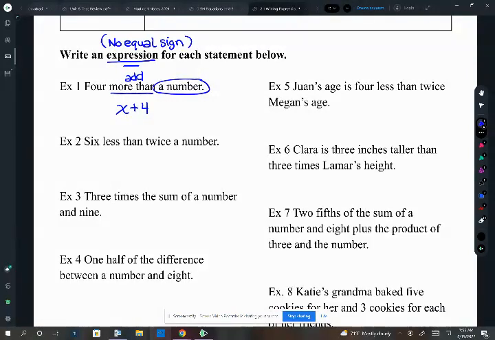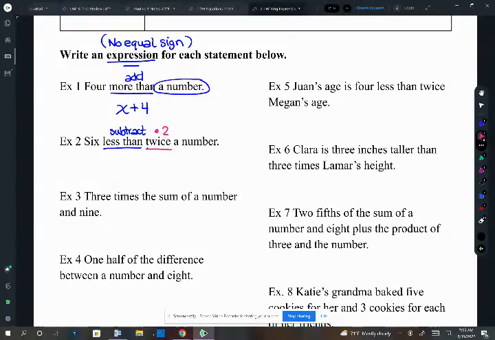So now when we look at our statement for number 2, we're going 6 less than twice the number. So we want to look at some of those keywords that we wrote down up above. So we have less than, which remember meant that we're going to subtract. And we also have the word twice. Twice, which means I'm going to multiply by 2. All right, so as we're going for this one, we're going 6 less than.